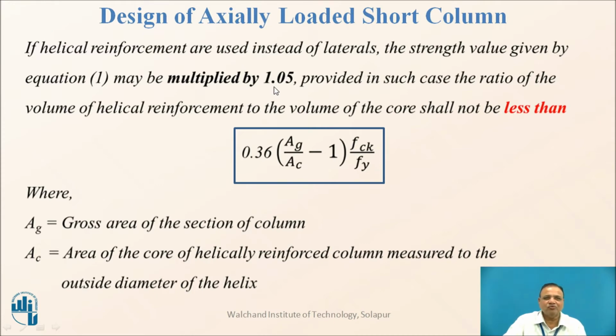That means a 5% increment in strength can be considered, provided the ratio of the volume of helical reinforcement to the volume of core shall not be less than 0.36 (Ag/Ac - 1) fck/fy. Ag is the gross cross-sectional area of concrete and Ac is the area of concrete core section. This is the requirement to consider a 5% increase in strength. Lateral ties means without any helix; if you are providing only the perpendicular ties, they are called lateral ties.